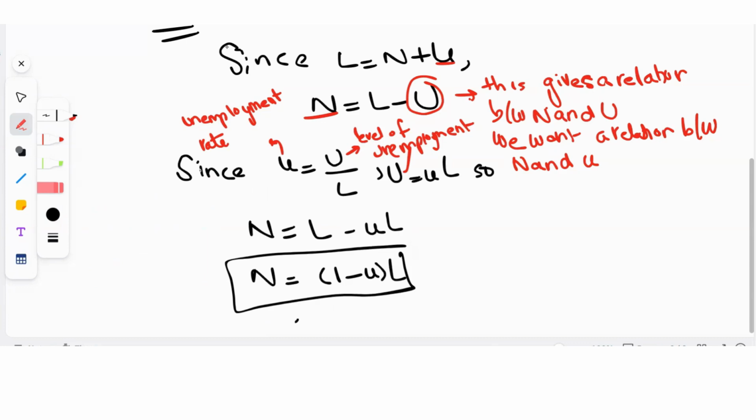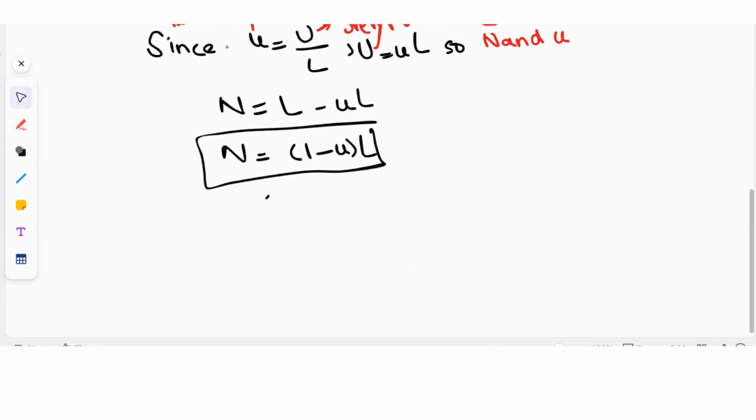If you multiply with the labor force, you get N. So in this way, we've developed a relationship between N and u.